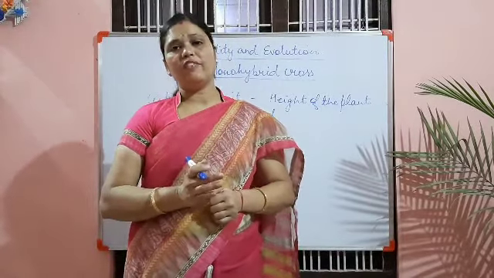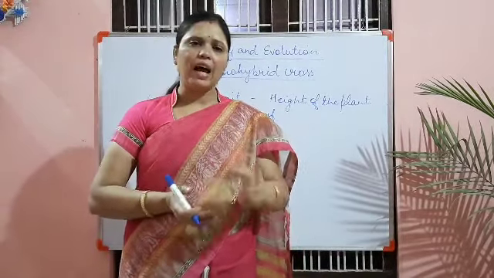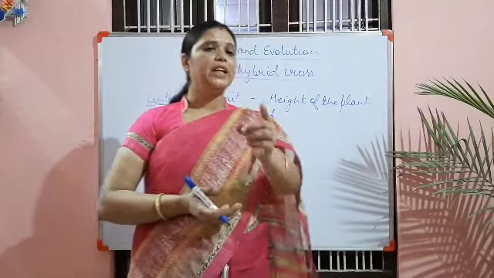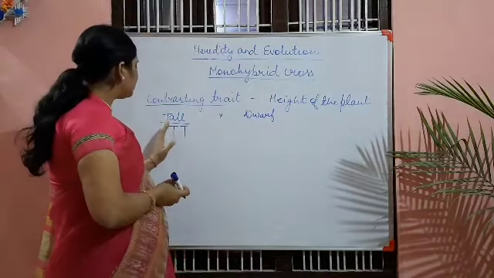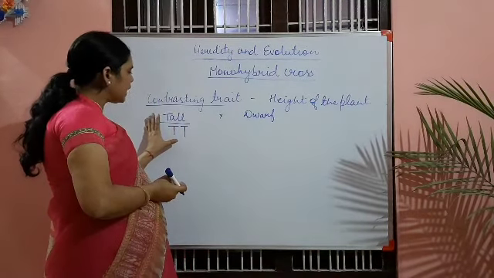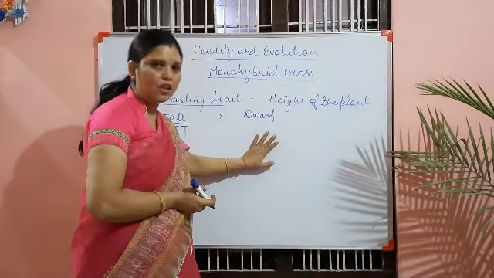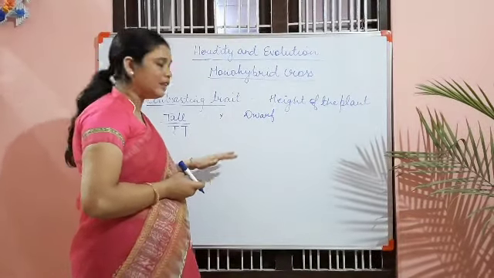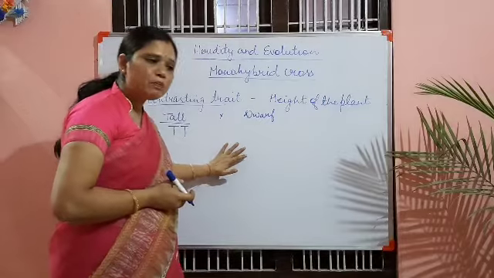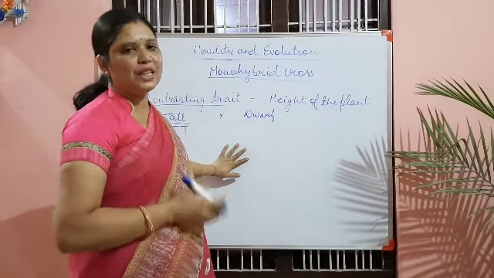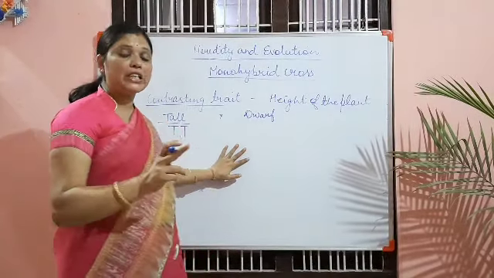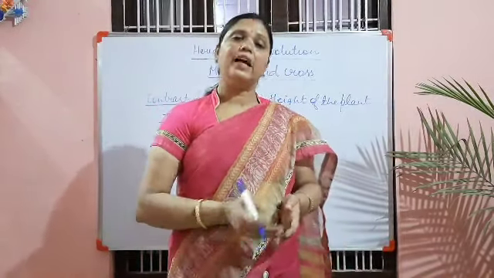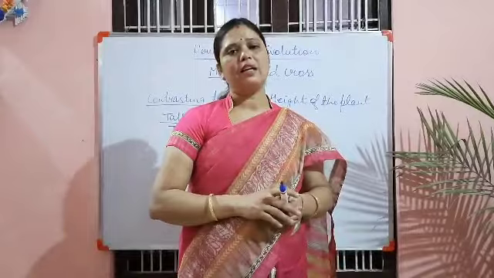Now the meaning of filial generation. Filial generation means the progeny which we obtained when we made a cross between the dominant characters and the recessive character. So first cross, first progeny what we are getting, that is known as F1 progeny or F1 generation, in which only the dominant character is expressed and recessive characters are hidden.